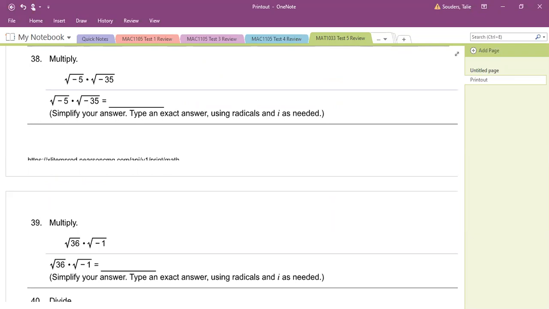So the first thing you need to do is simplify each radical, and then you can go ahead and do the multiplication. If you multiply them as is, it's very possible that you'll get the wrong answer. You might get the right answer, but you might also get the wrong answer. So it's better to aim for the right answer every time, right? By simplifying them first. So how could you simplify the square root of negative 5?